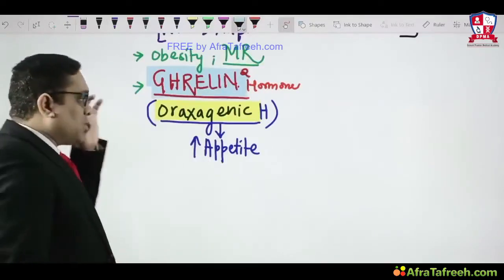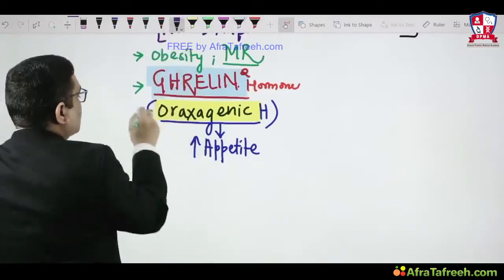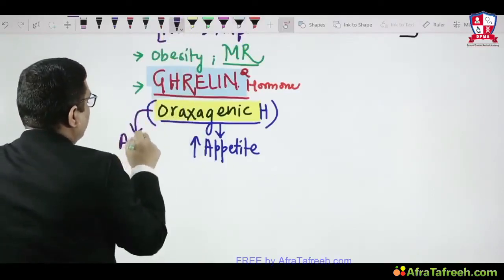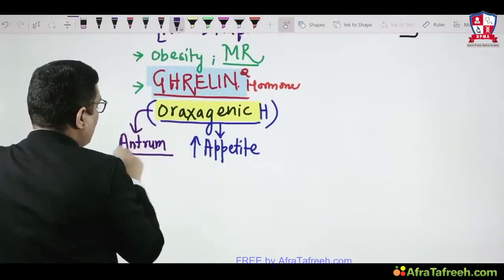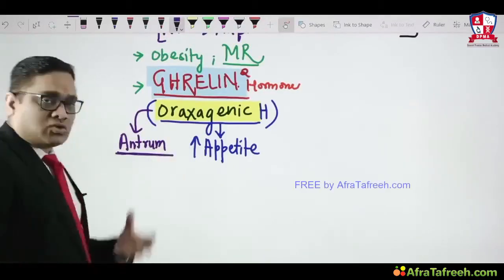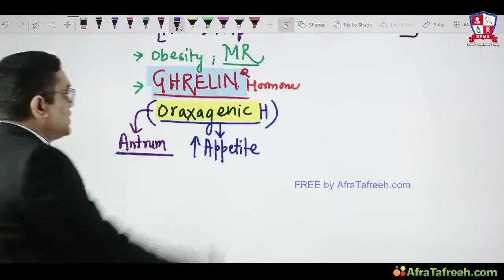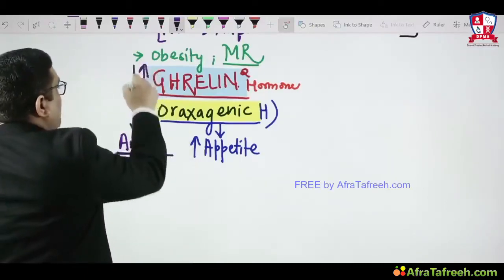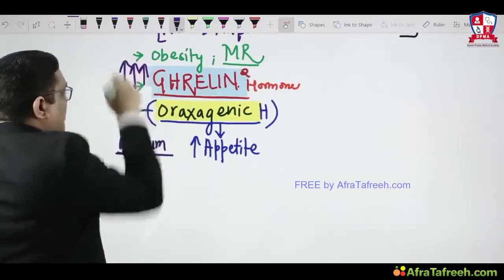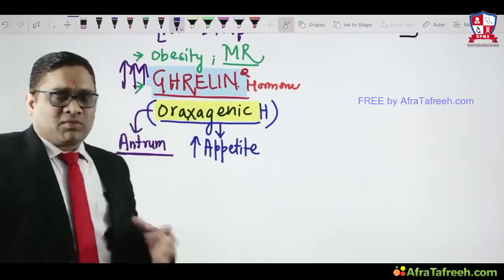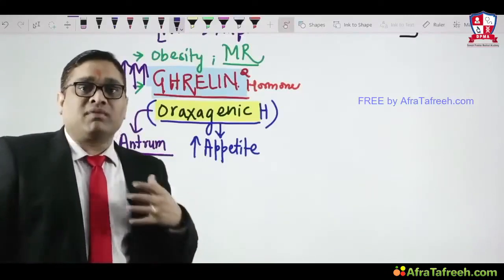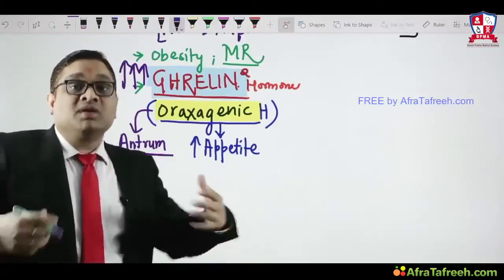So this ghrelin hormone is usually secreted from which part of the stomach? So these are secreted from the antrum of the stomach. So more ghrelin hormone will be released. So ghrelin hormone level will be very high in case of Prader-Willi syndrome, right? That is why this patient will be craving for food and he will be having more appetite, and that is why he is obese.